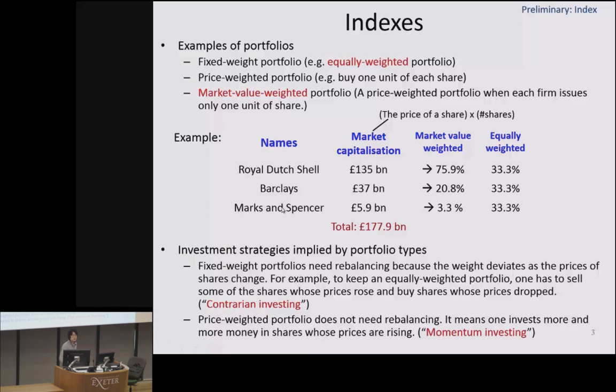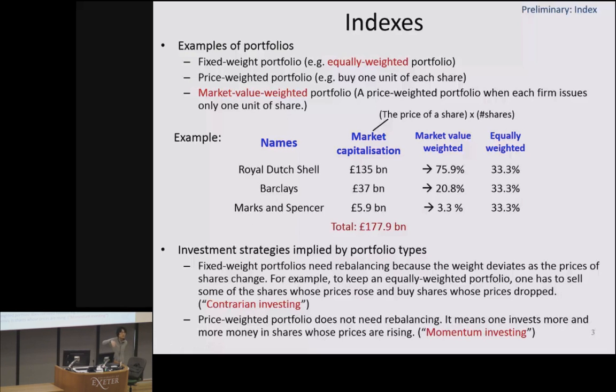Okay? Suppose the share price is £300, £200, and £100. With a price-weighted portfolio, your portfolio weights should be proportionate to these prices. So your portfolio weights should be 3 to 2 to 1. So half of your money is invested in Dutch Shell, 1/3 in Barclays, and 1/6 in Marks and Spencer.